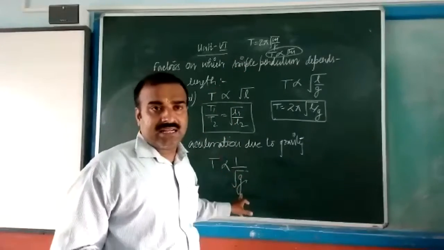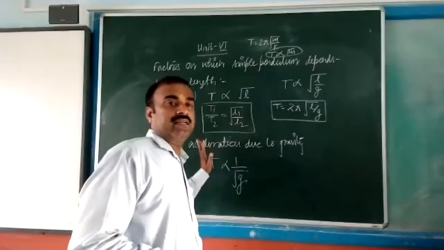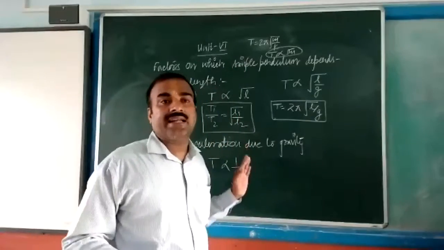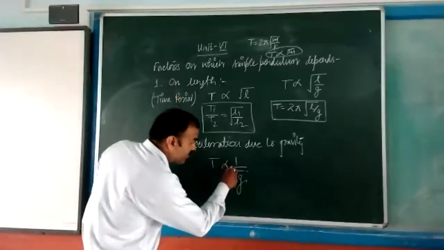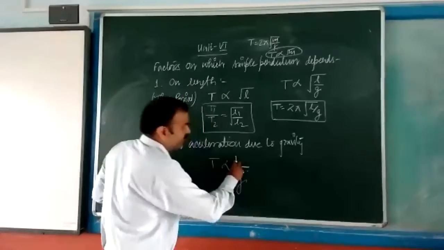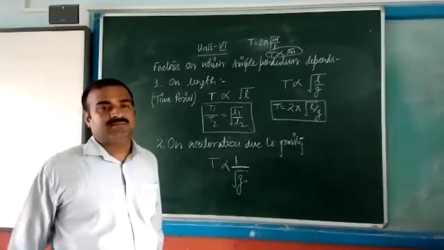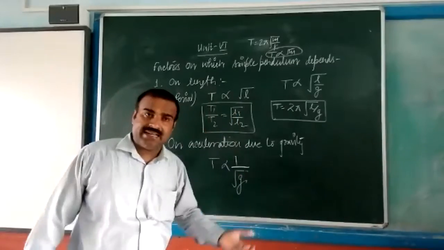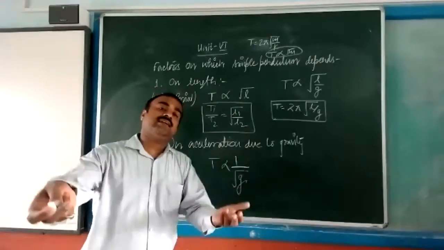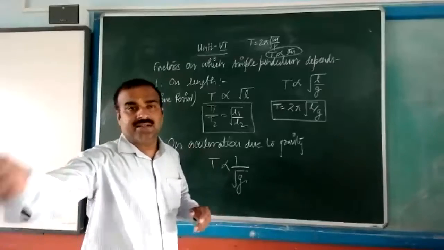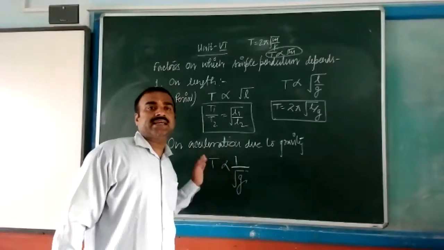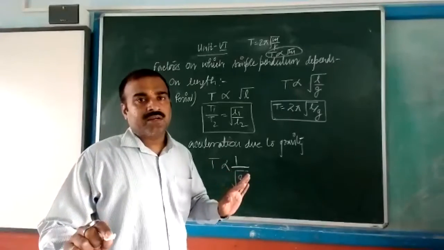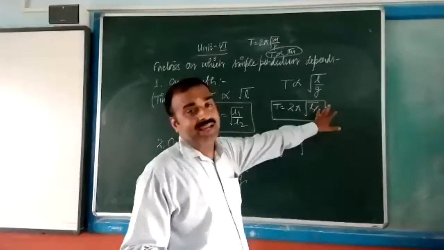Or acceleration due to gravity will increase, time period will decrease. Avika, clear? Yes, sir. 1 by means inversely, and this one directly. Directly means increase, increase, decrease, decrease. But in this one, decrease, increase, increase, decrease. Clear?